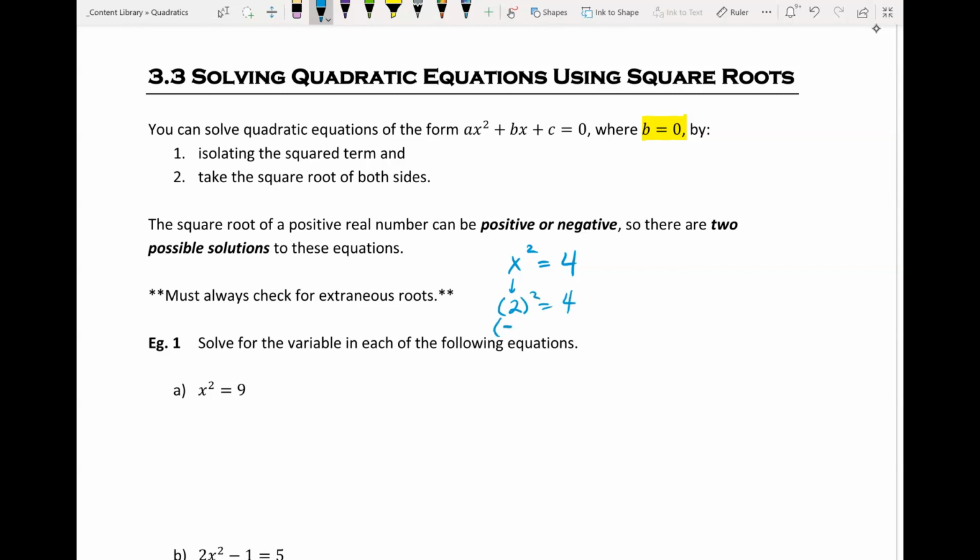It can also be negative 2 in brackets squared, because this is negative 2 times negative 2, which is positive 4. So in this case, once you square root both sides, we have to say that x is equal to plus or minus 2. So when we take the square root of both sides, remember that it's plus or minus, and then whatever you have left over.